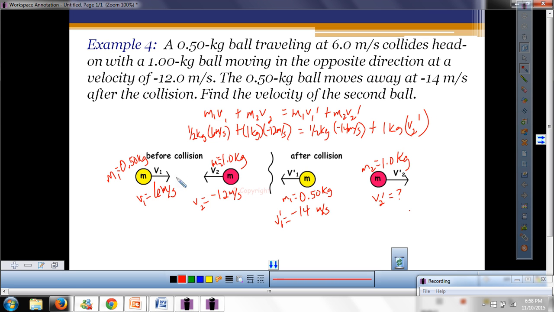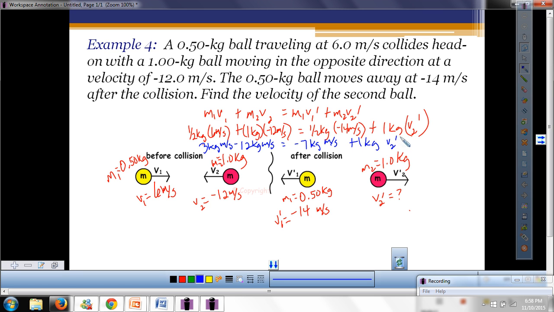All right, 1/2 of 6 is 3. So that's 3 kilogram meters per second minus 12 kilogram meters per second is equal to -7 kilogram meters per second plus 1 kilogram times V2 prime.